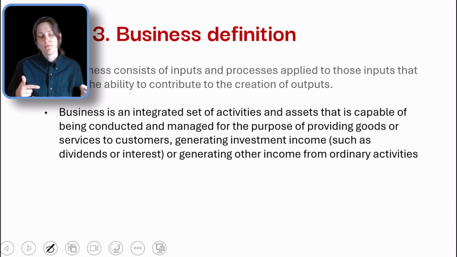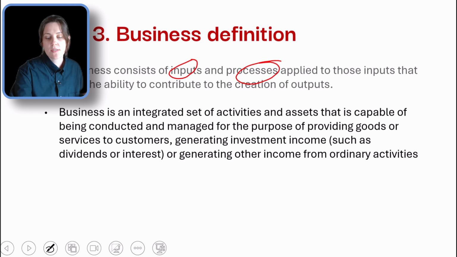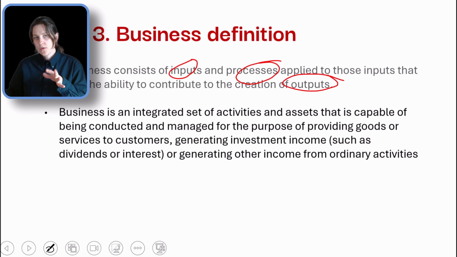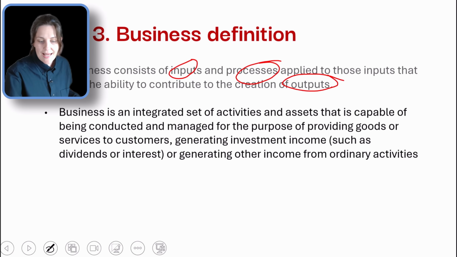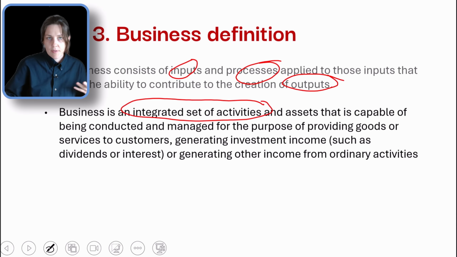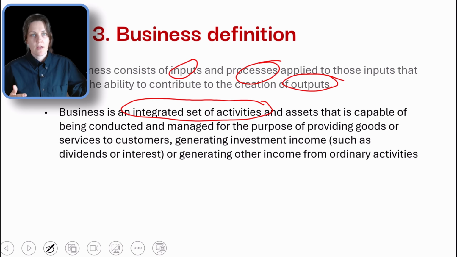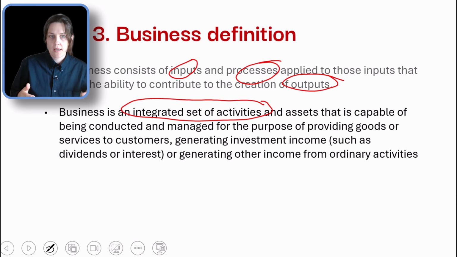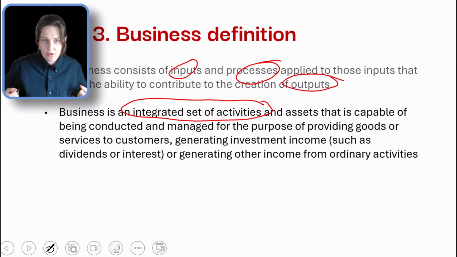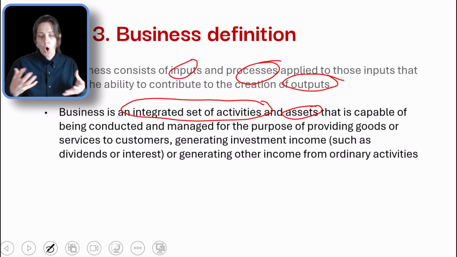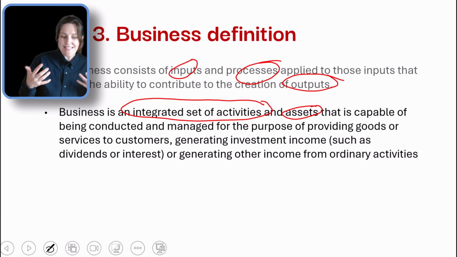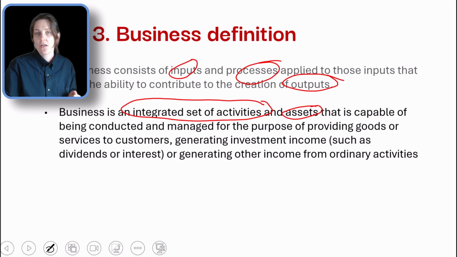So we have a definition of a business that it consists of inputs, processes that apply to those inputs, and it creates outputs. Outputs do not necessarily have to be there, but we need to make sure that there are inputs and processes. And the definition of a business is that there is an integrated set of activities. So something has to be happening. It doesn't really matter whether those employees are actually our employees or they are outsourced, but it has to be a set of activities. There have to be some assets that are capable of being used as part of those activities in order to generate return.